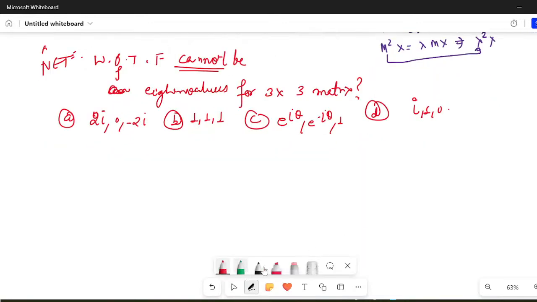This question is not so much about eigenvalues and eigenvectors, rather it is about basic understanding of calculus.